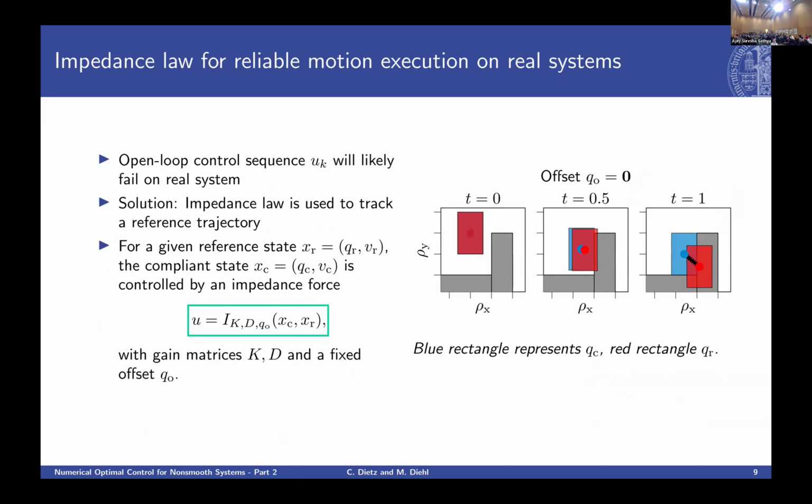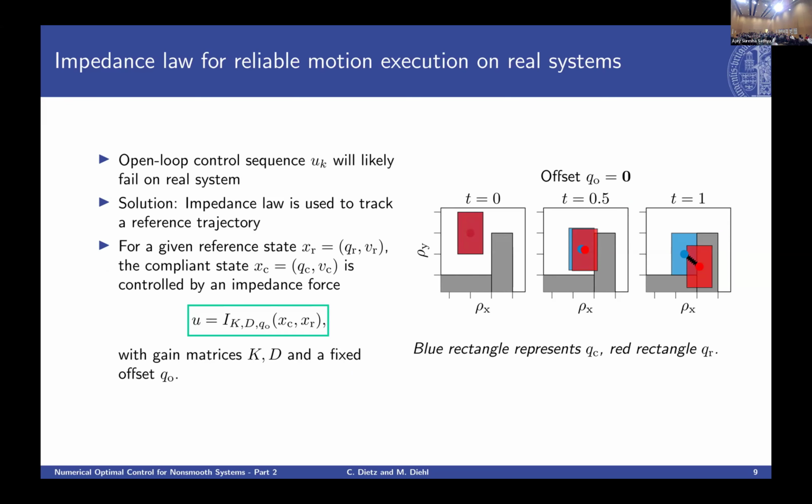Okay, we could then use these equations to solve an optimal control problem for an open loop control sequence U, which would likely not help us to solve assembly tasks on the real system, because the dynamic behavior on the real system is different to what we have in simulation. So instead, we consider an impedance law, which is a state feedback law that is included in the optimal control problem.